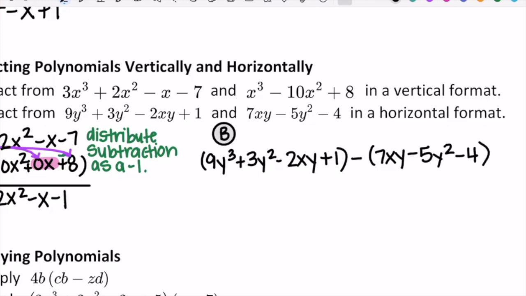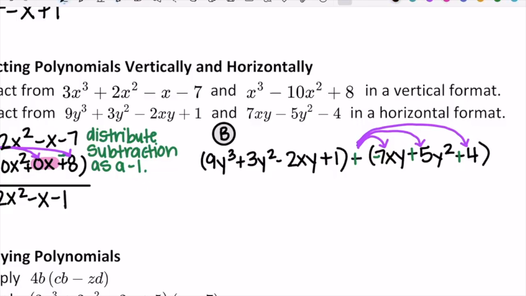And again, I would distribute that subtraction sign as a negative 1. And then that's going to make this a negative 7xy, a positive 5y squared, and a positive 4. And then just change that to addition. And then I combine like terms.